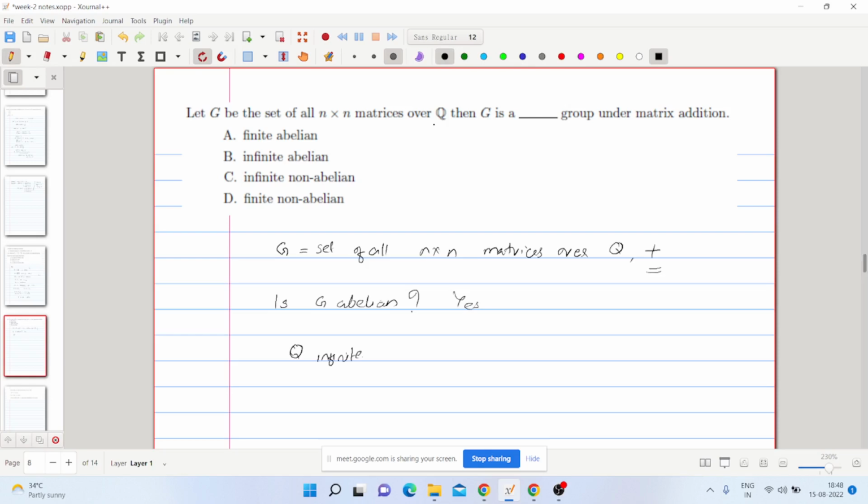So we have elements of G as the matrix Aij, where Aij are elements of Q, where 1 less than or equal to i, j less than or equal to n. This is our matrix. Each entry belongs to Q. So can we have an infinite number of matrices like this or a finite number of matrices like this?